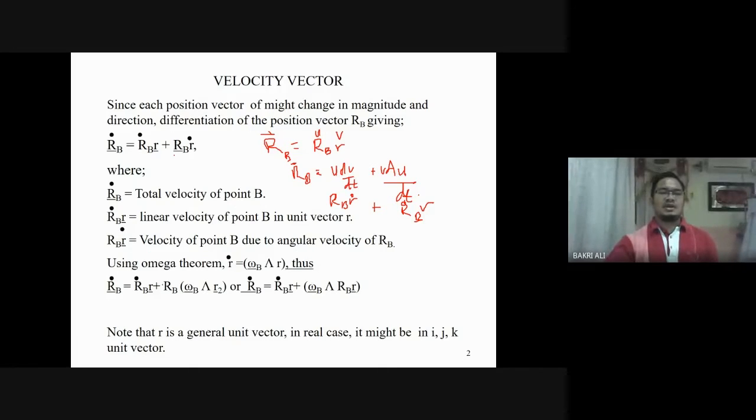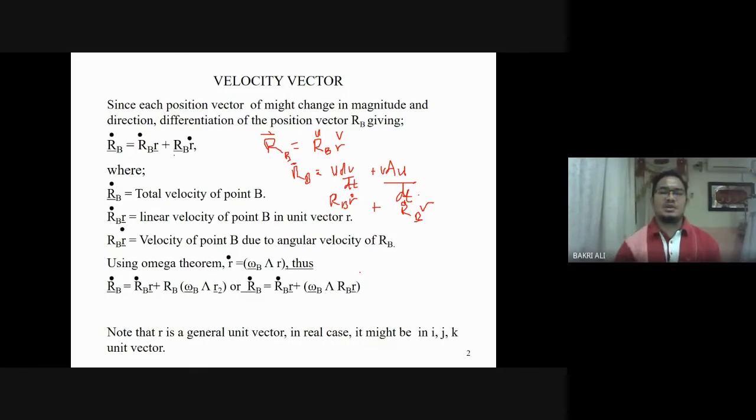So what is r dot? r dot is the change of the unit vector due to the rotation of link B. We get r dot by using omega_B cross the unit vector r, and this is known as the omega theorem. So omega_B may also be in ijk, cross r also in ijk. Then we get the value.